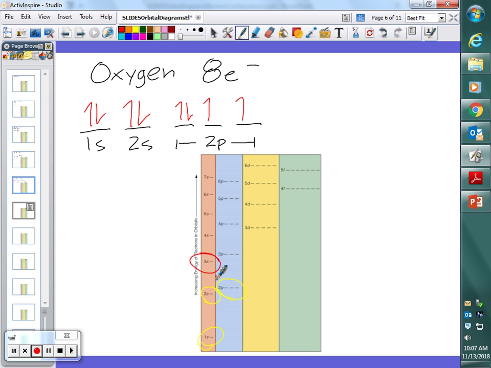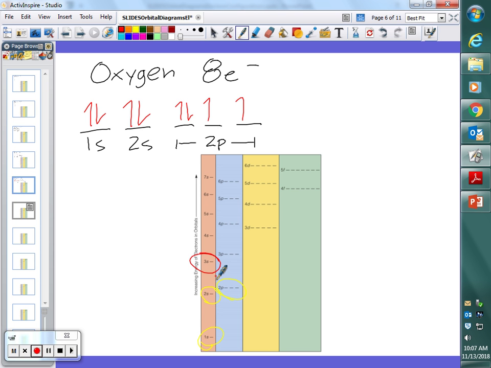So when we have multiple options, like we do with the 2p orbitals, electrons are going to spread themselves out as evenly as they can before they start doubling up. So every orbital in 2p is going to get at least 1 electron before any of them get 2 electrons.